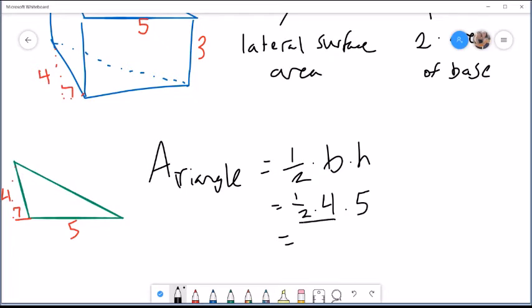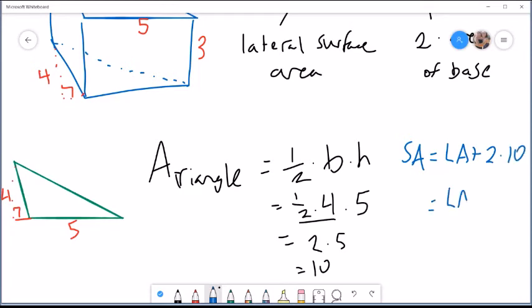So our area is 10. Right now, in our surface area formula, we have 2 times 10, since 10 is the area of the base. We have the lateral area plus 20.